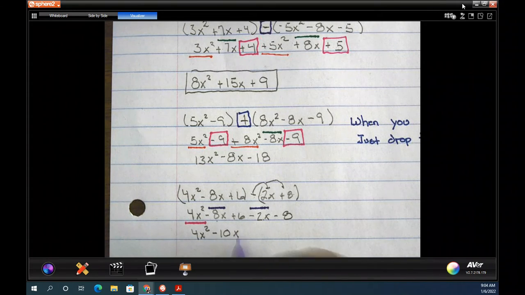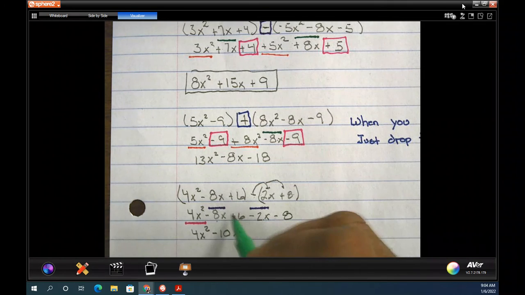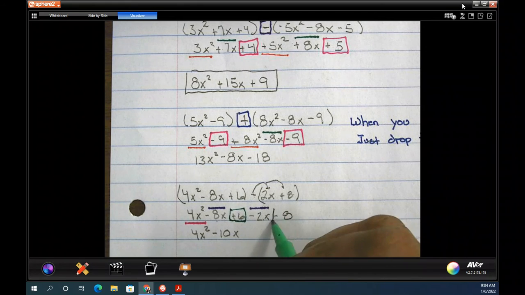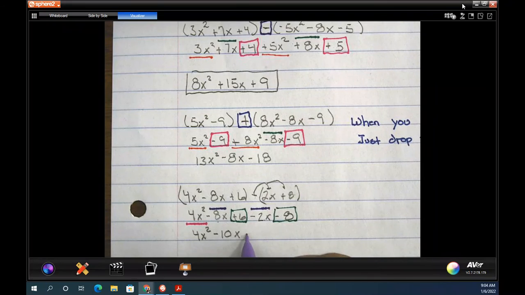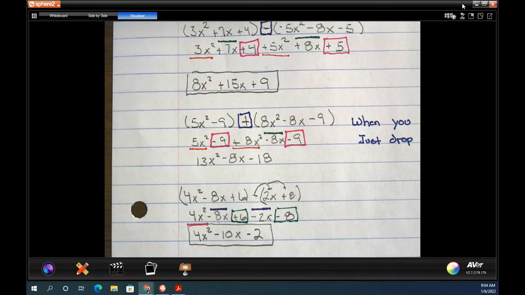Don't forget the variables. Now, the last thing, your constants. Plus 6, negative 8. So that's 6 minus 8. So that would be negative 2. So it's minus 2. There's your answer right there. 4x squared minus 10x minus 2. Questions how I'm getting these?